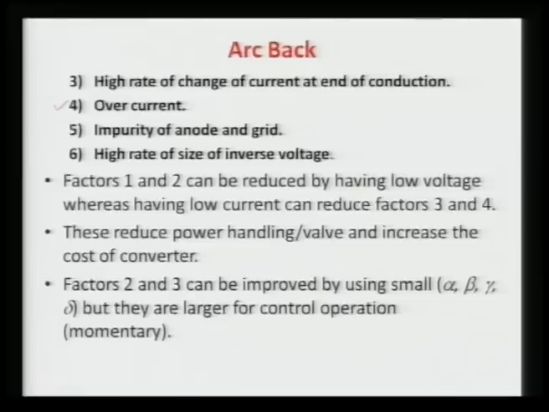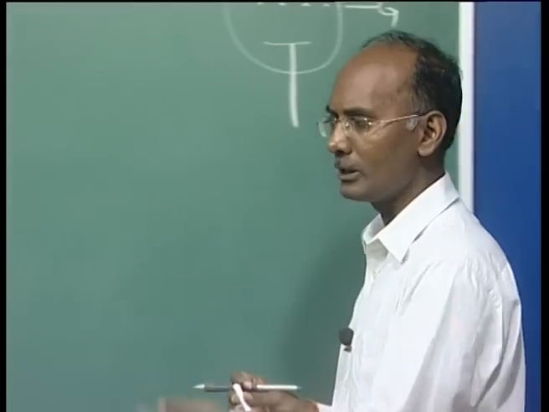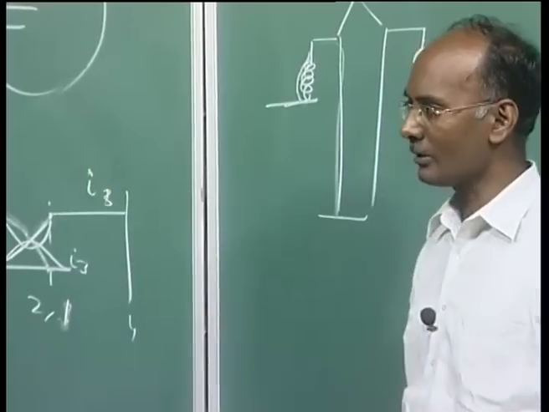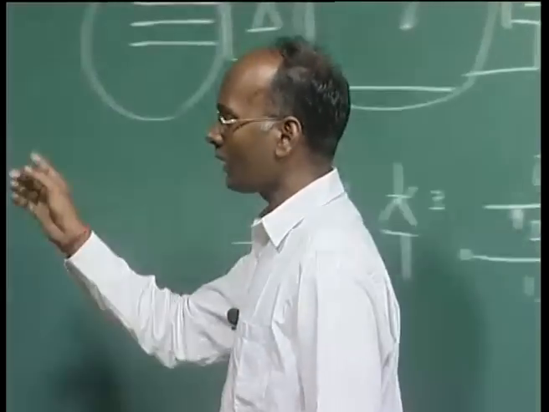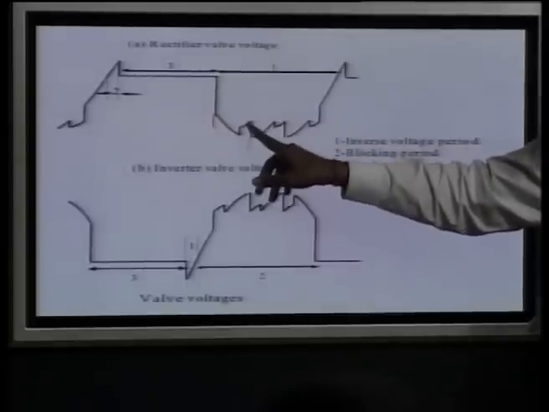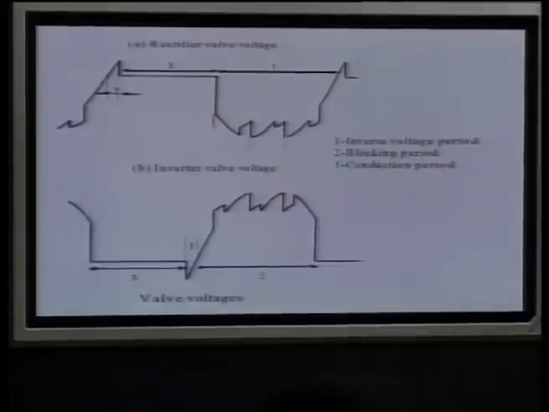And another is the high rate of rise of inverse voltage, because there are some other conditions here. Every time there is a change, the dV by dt is very high, especially whenever there is a change in the conduction sequence. Even though another valve is going to conduct in this period, there is a U period here, a sudden rise, a sudden change, and that may also cause conduction in this period.